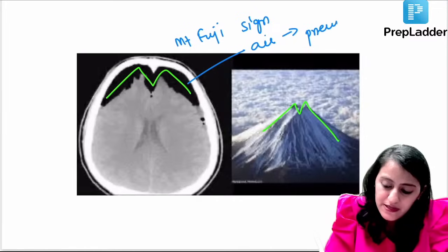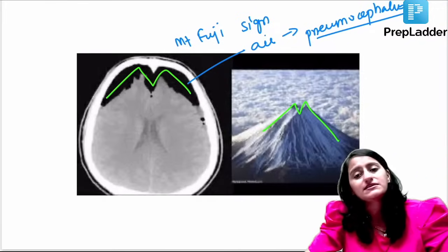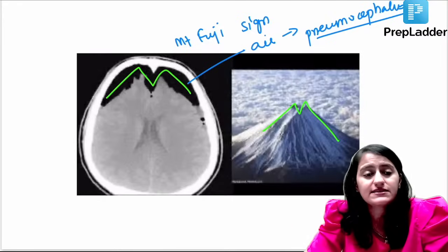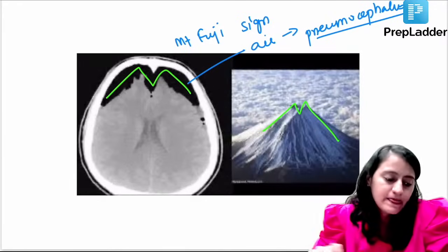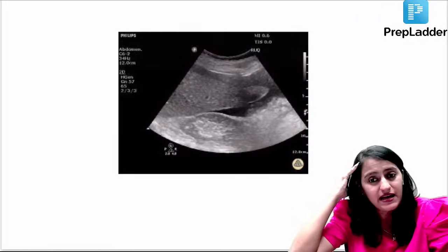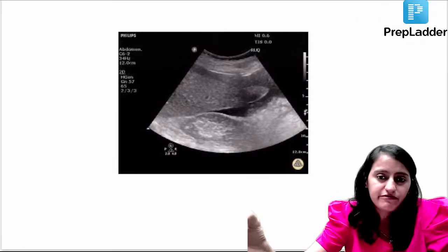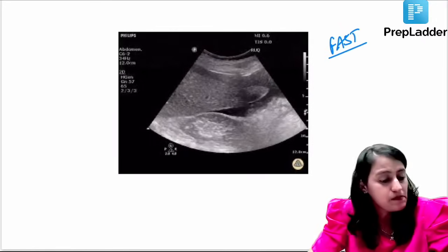This is going to be pneumocephalus. So the question in INI CET exam last year was, Mount Fuji sign is seen in pneumocephalus, pneumoperitoneum, pneumothorax, pneumomediastinum. Remember, it is pneumocephalus, right? The mountain shape in the cavity in the brain, that is pneumocephalus.